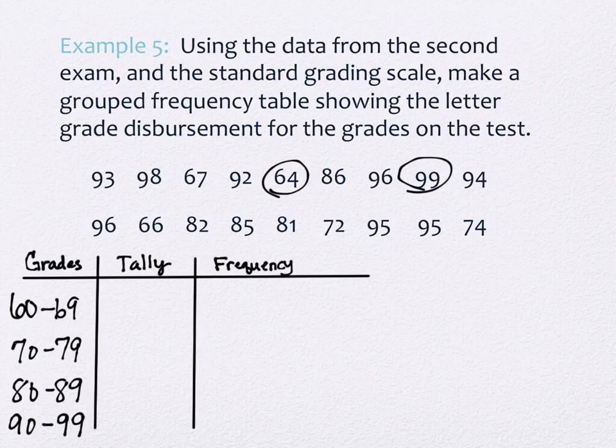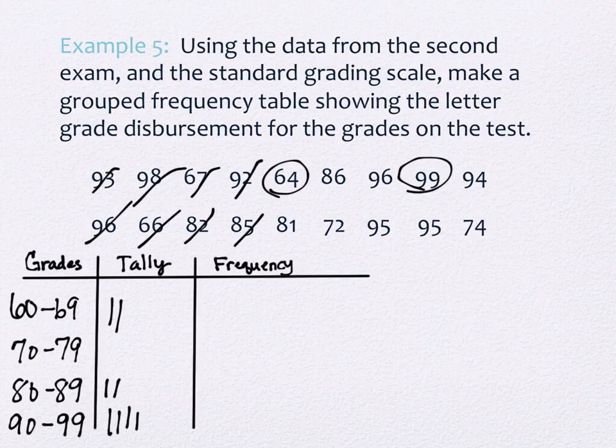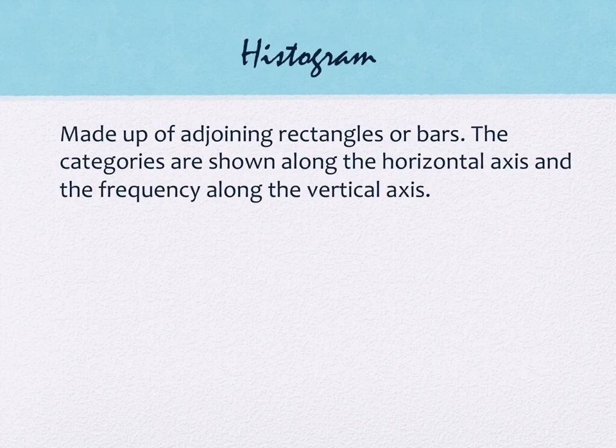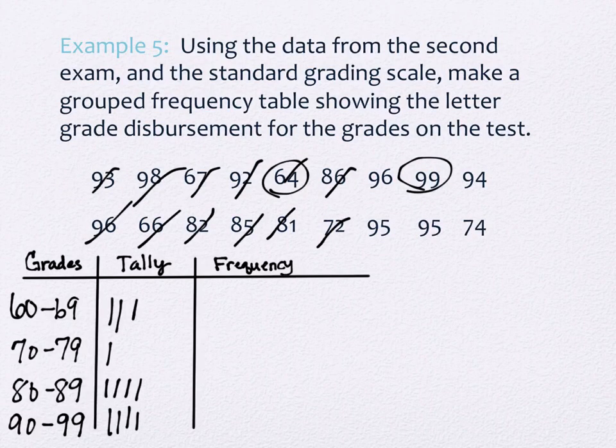So we're going to make tallies. We're going to go through our data set, and we're just going to make a tally for each value and where it goes. So I have 93 and 96, which puts 2 tallies in the 90s column. 98 and 66. 67 and 82. 92 and 85. 64 and 81. 86 and 72. 90, whoa, sorry, hit the wrong button. 96, 95.